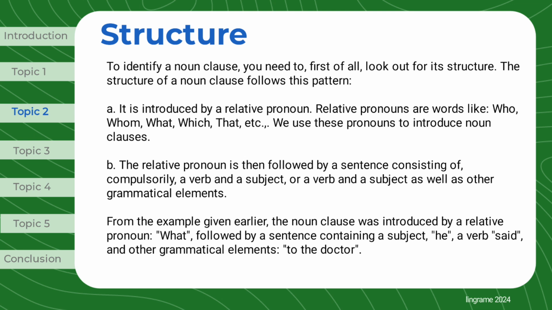The relative pronoun is then followed by a sentence consisting of, compulsorily, a verb and a subject, as well as other grammatical elements. From the example given earlier, the noun clause was introduced by a relative pronoun, what, followed by a sentence containing a subject, he, a verb, said, and other grammatical elements, to the doctor.